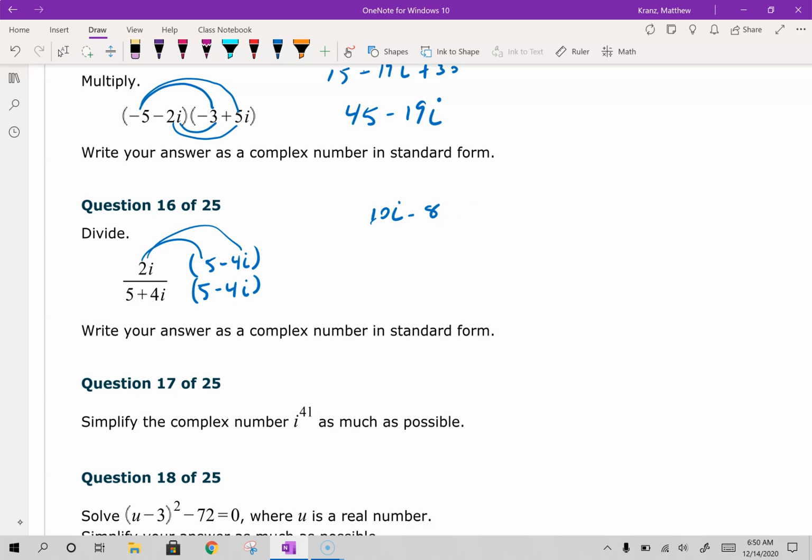We'll just write it as i squared like this. All over, well, this here gives me 25. This gives me a negative 20i. This gives me a positive 20i. Remember, those cancel out. And then finally, I have a negative 16i squared.